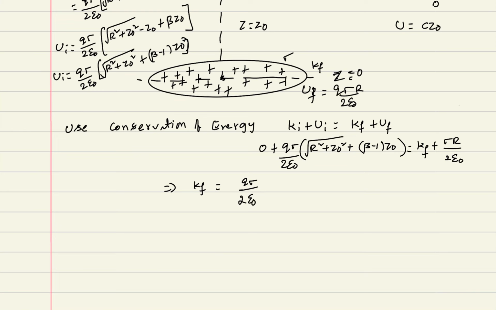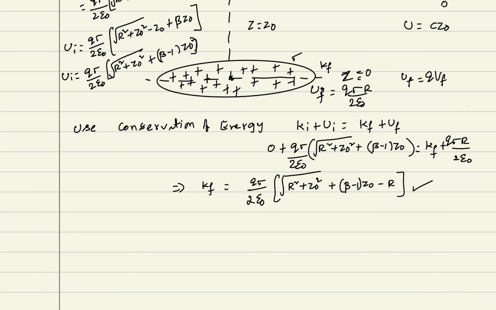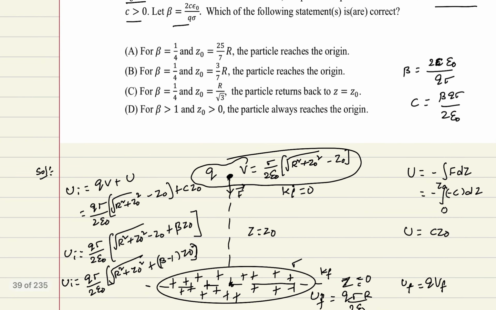I forgot, q will also be there, since U final is equal to q into V final. Taking q sigma by 2 epsilon naught common, the final kinetic energy is q sigma by 2 epsilon naught into (under root of r square plus z naught square plus (beta minus 1) into z naught minus r). This is the final kinetic energy of the particle.